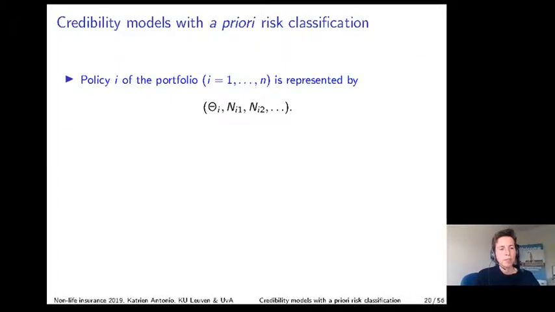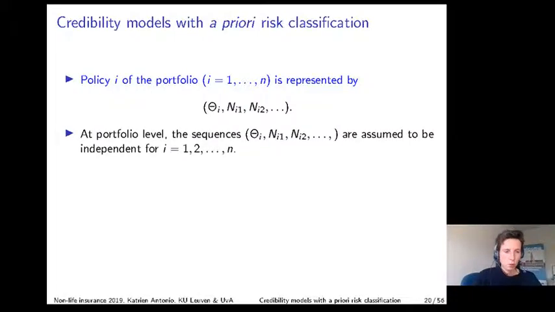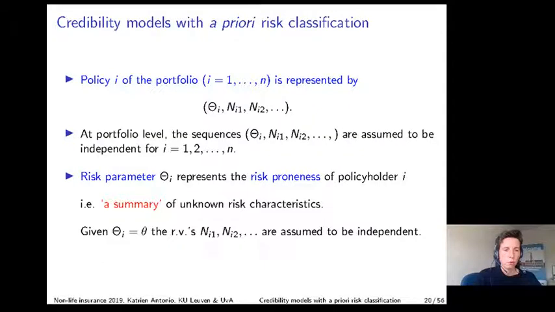We now combine the experience on contract i as registered over the different time periods with the random risk variable theta_i, which expresses the riskiness of contract i. These combined sequences are assumed to be independent for different policyholders i. The risk parameter or risk random variable theta_i requires some reflection.